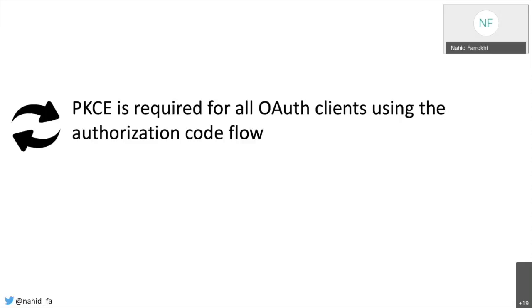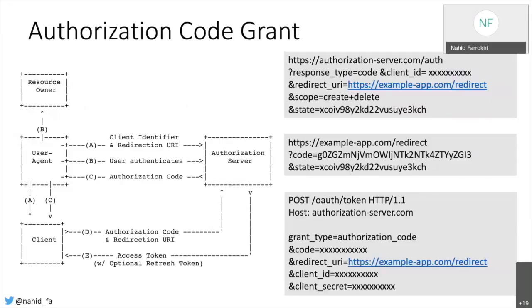So let's see first what the authorization code flow is and what is wrong with it that PKCE is suggested to be used. Here I have the authorization code grant on the screen. It was originally suggested for mobile applications, but now it is used by confidential and public clients. The base of this grant is to exchange the authorization code for an access token.